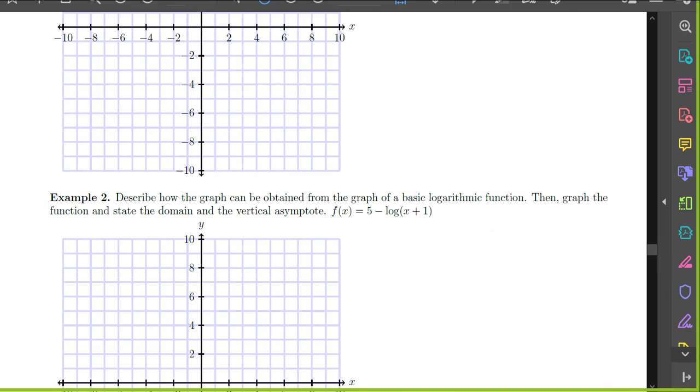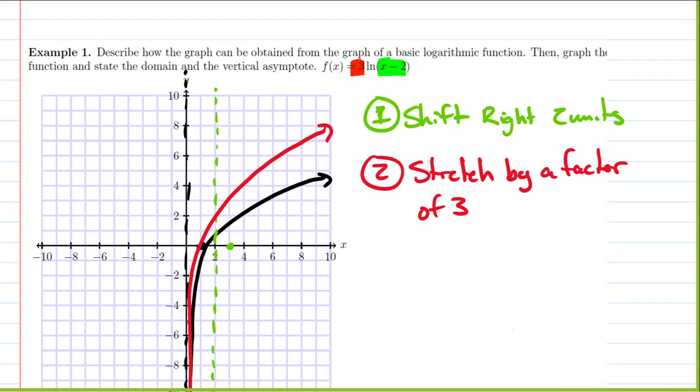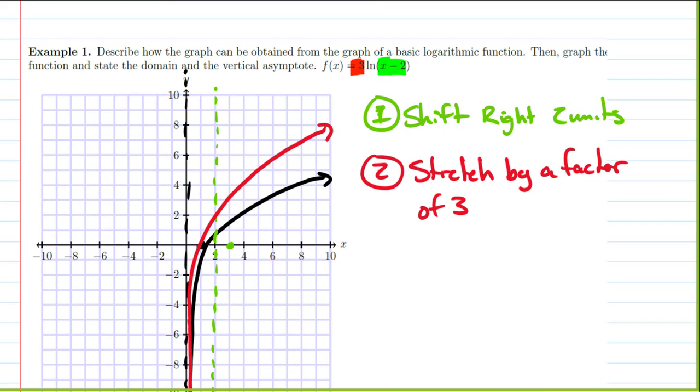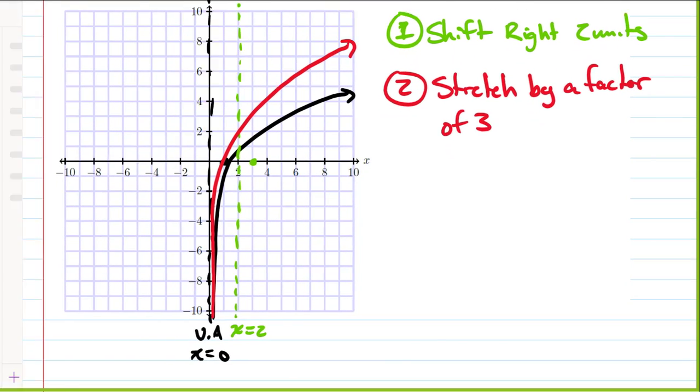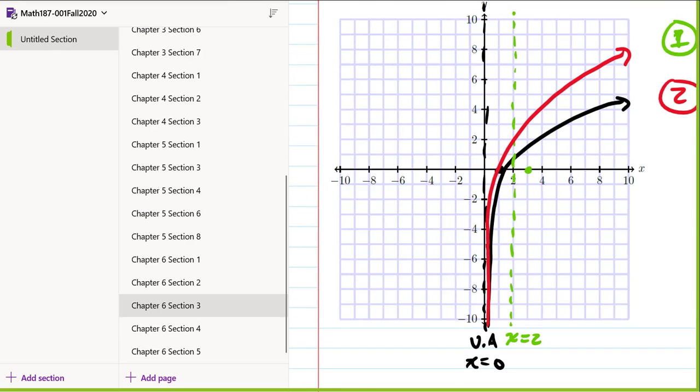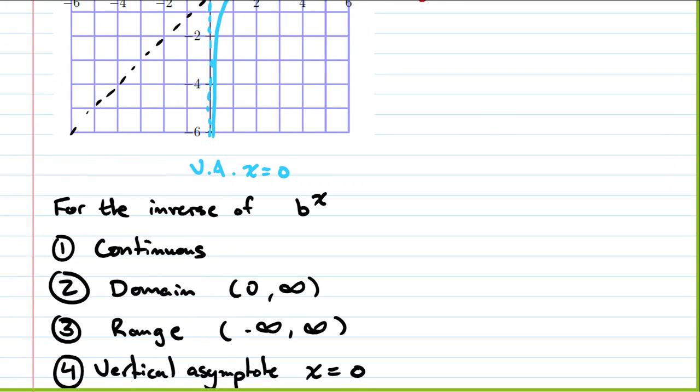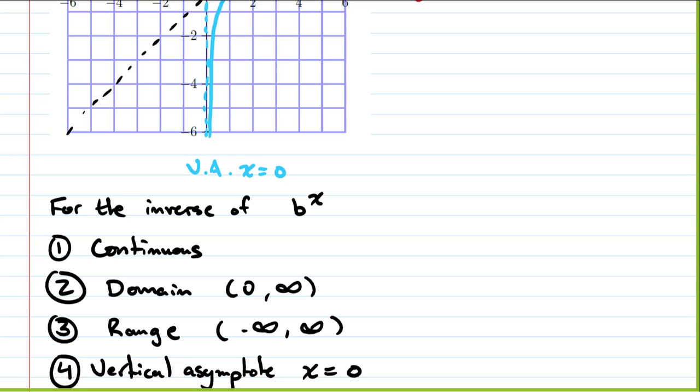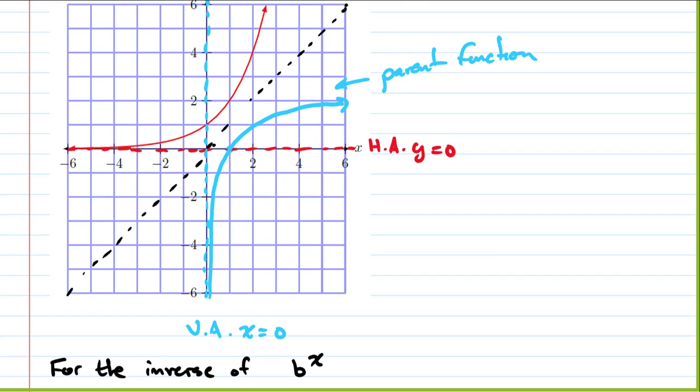So we do have a couple more questions we need to answer. We've stated our vertical asymptote, but we want to state the domain. We know from our notes from last time that the domain starts with 0 to infinity. In other words, it goes from the vertical asymptote to positive infinity.